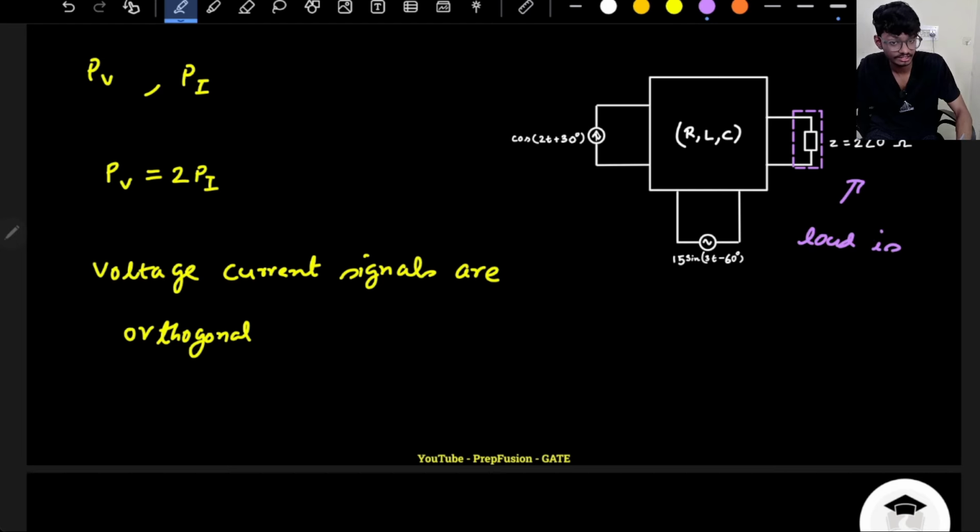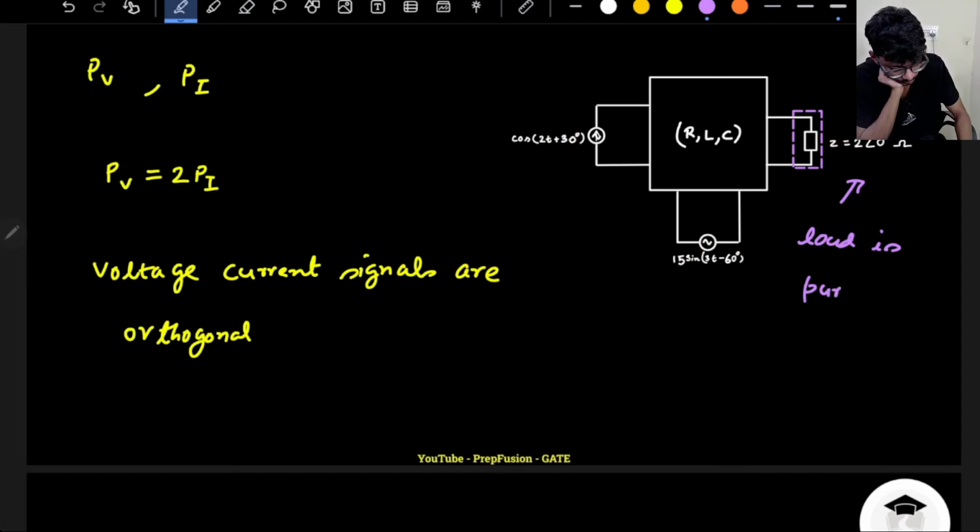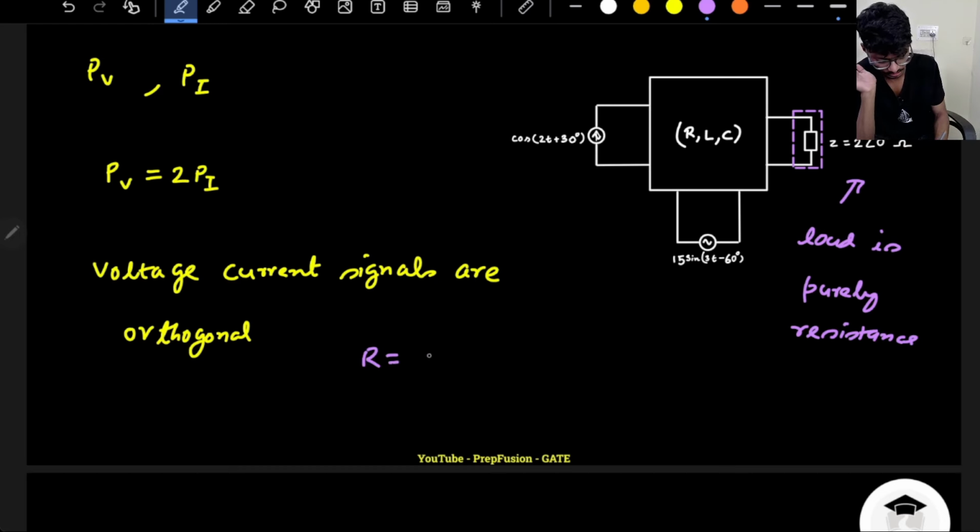This is a very good thing, because if your frequency is changing, the load impedance could have also changed. But as the load is purely resistive, it does not matter what the frequency is, my load resistance will not change. So RL will be constant, RL equals 2 ohms.